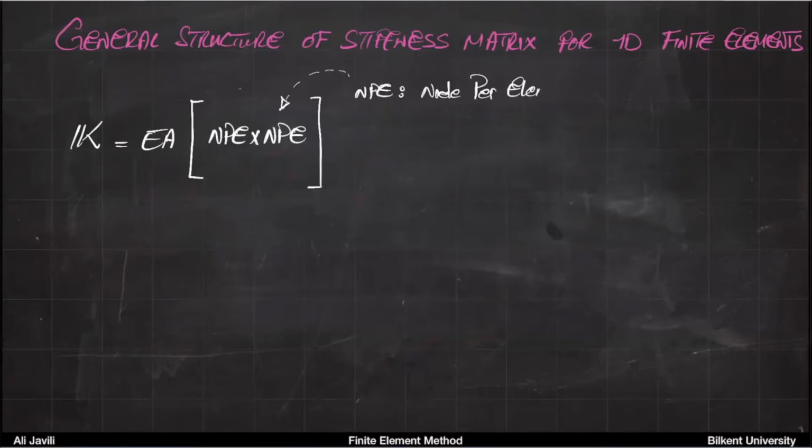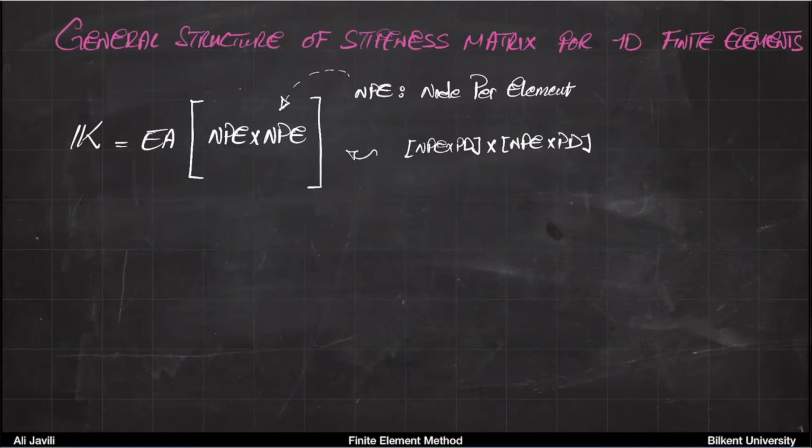Now, as I mentioned before, usually this thing is, let's say, node per element times problem dimension, and that thing again times node per element times problem dimension. So if your problem is 2D, so if your truss is not in 1D space, then you need to also account for the problem dimension.